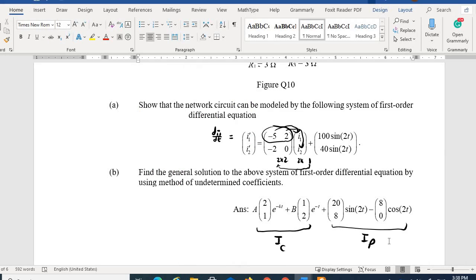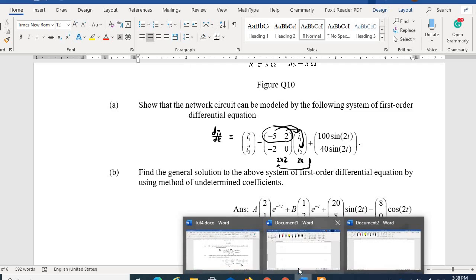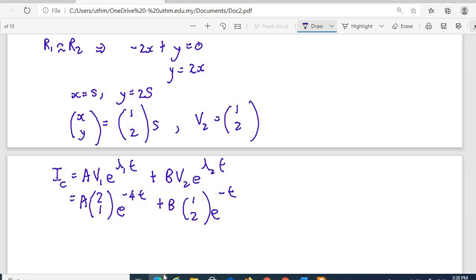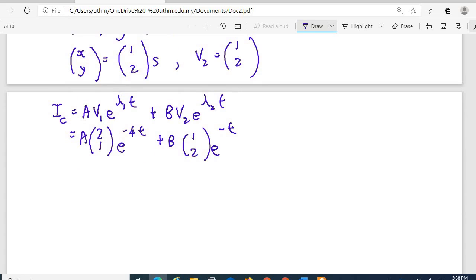Now we are going to find the IP. Using undetermined coefficients, you choose IP in the same form as your GT. So now step 2, find IP.